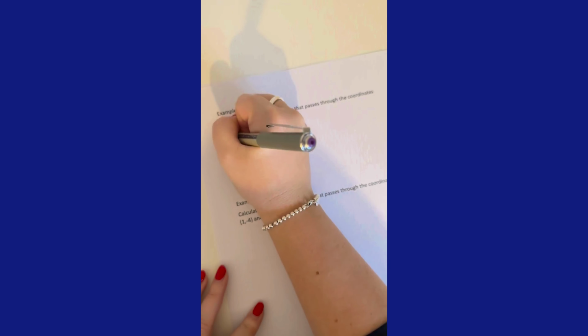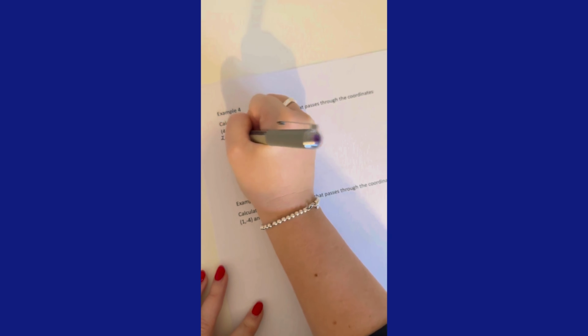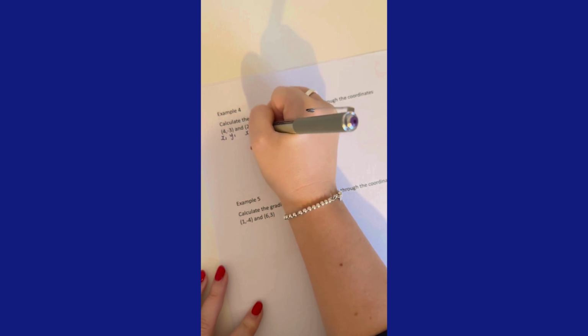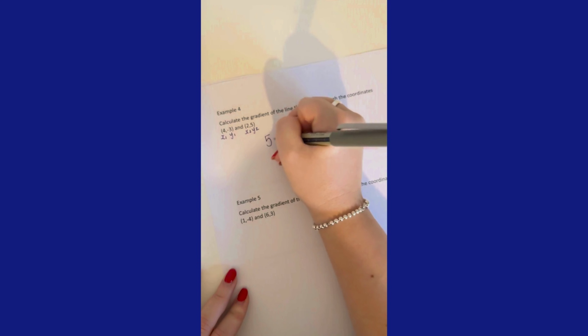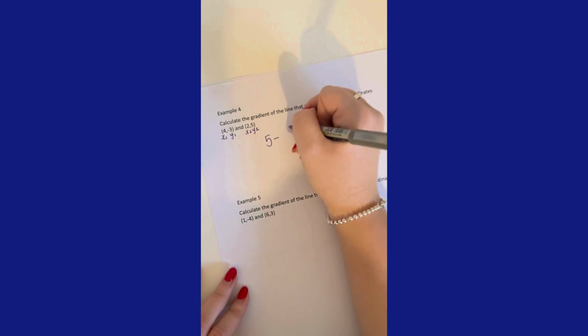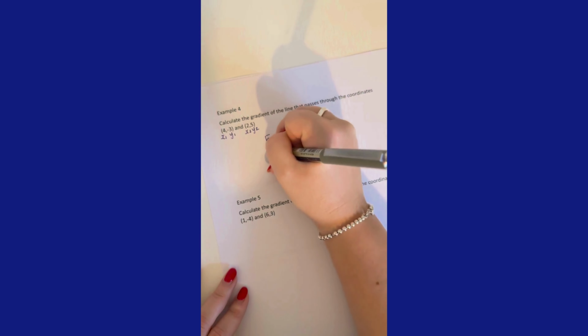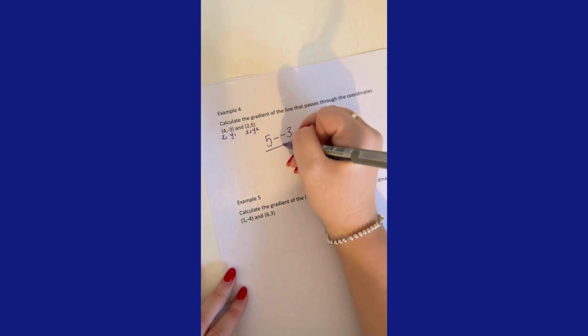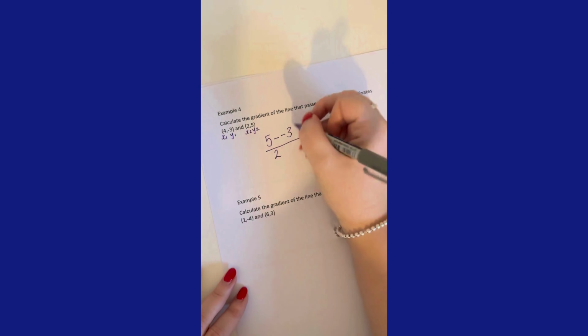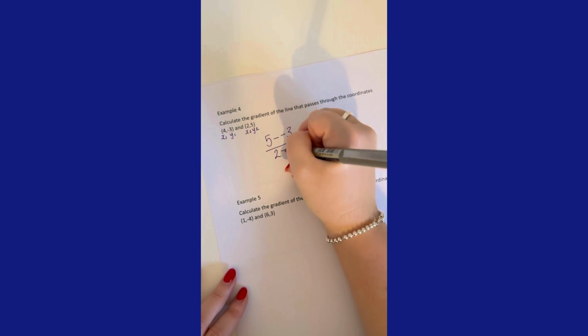Okay. We've got another couple of examples here. So example number 4, calculate the gradient of the line that passes through the coordinates. So again, our first step, label them x1, y1, x2, y2. Remember, we're going to use y2 minus y1. So my y2 is 5 minus my y1, which is minus 3, over x2, which is 2, minus x1, which is 4.